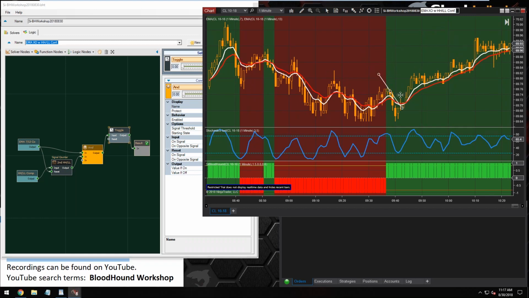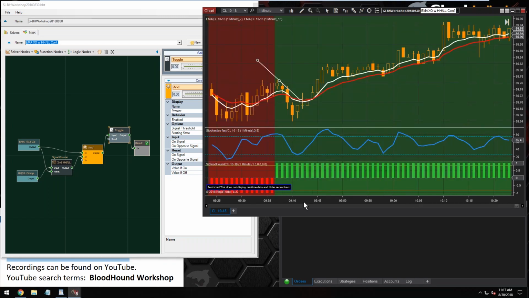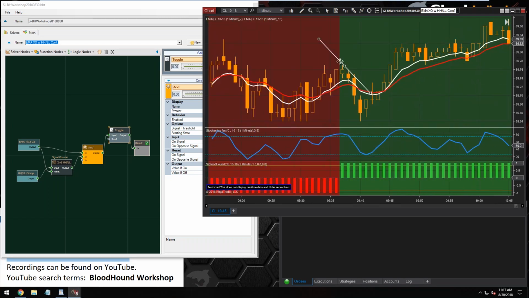So remember, back in here, when these EMAs crossed down, we didn't get the second lower low, so this did not turn into a short trend. This just stayed in a long trend after this bar here.